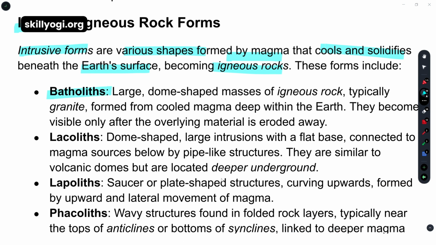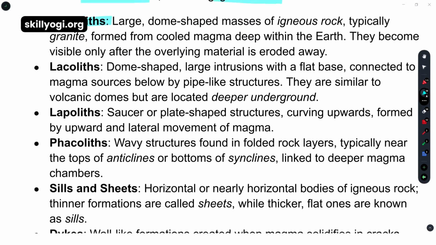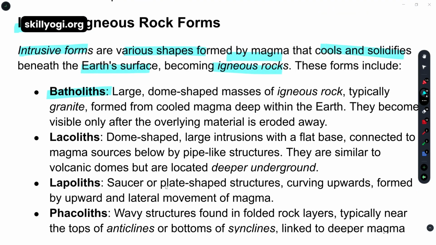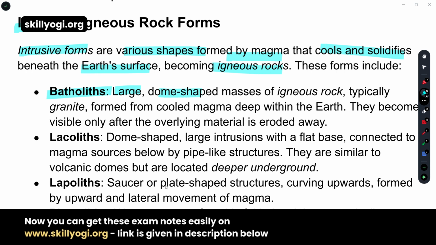All of you can see batholith, the same pronunciation. The other things are laccolith, lapolith. The liths are the same. That is your trick to remember the landforms. Batholith is a large, dome-shaped mass of igneous rock, typically granite, cooled magma deep within the earth.